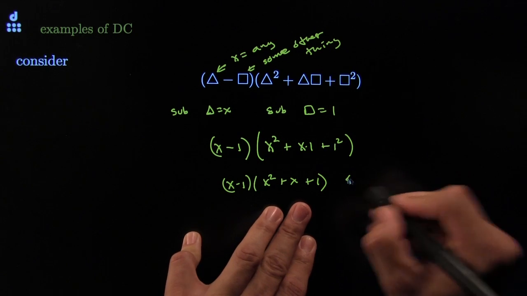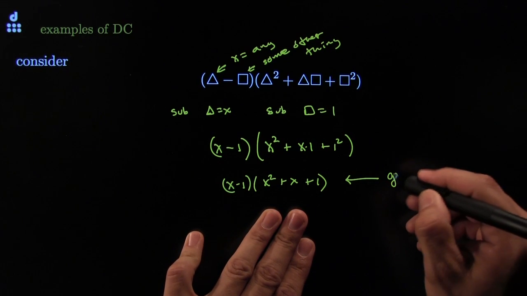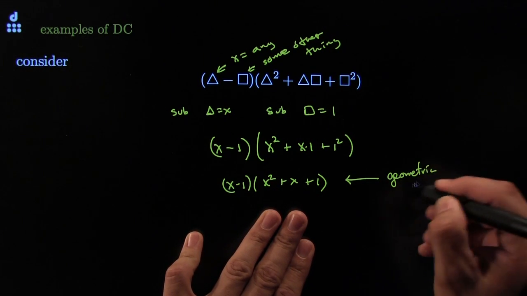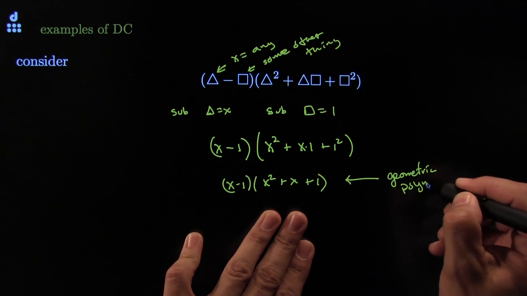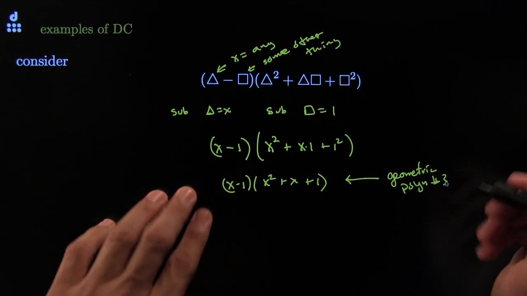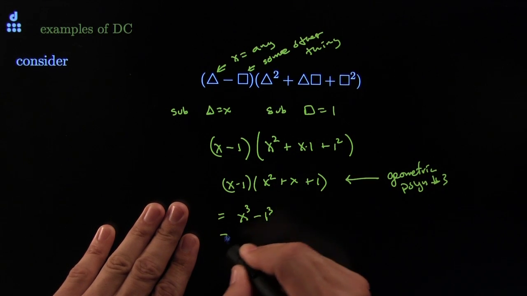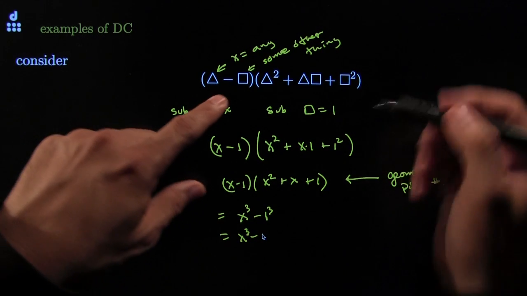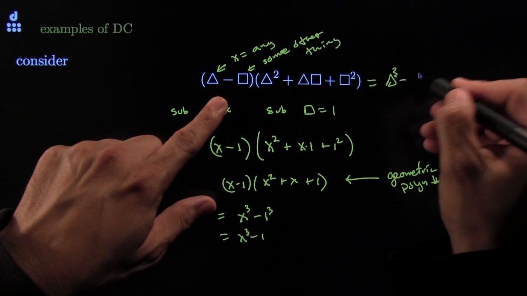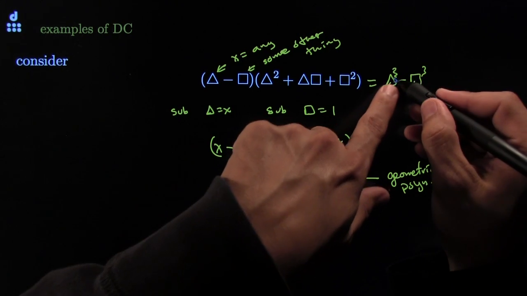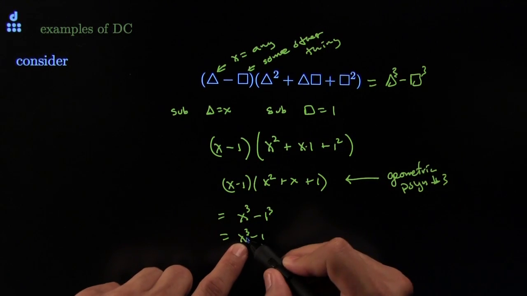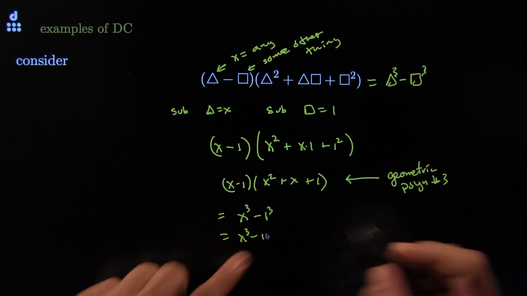And this becomes another super famous one. This is called the geometric polynomial number 3. This guy is equal to x to the third minus 1 to the third, of course, which is x to the third minus 1, because I knew this one was equal to the triangle cubed minus the square cubed, so I substitute x cubed for that, and 1 cubed for that.